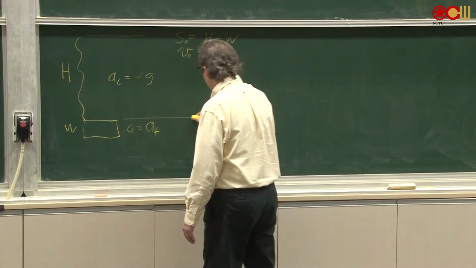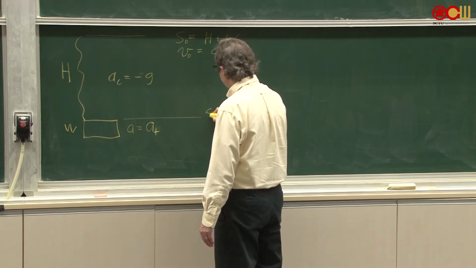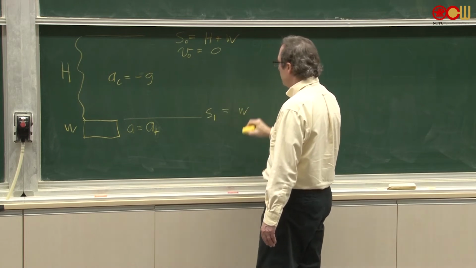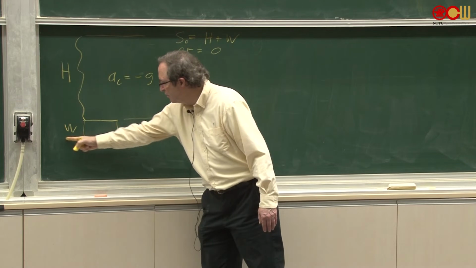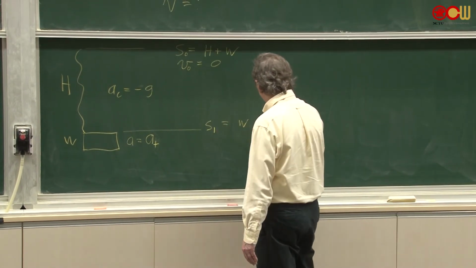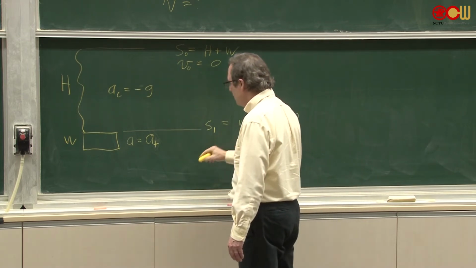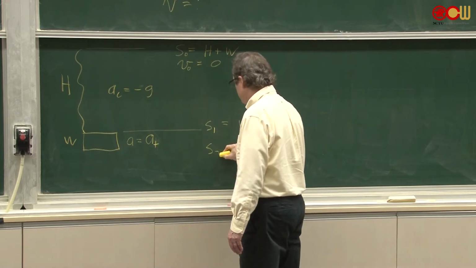What about this point? Well, we'll give this a name. We'll say this is S1, and S1 is equal to W, right? Because we'll call the ground 0. V1, we have no idea. Right? Then finally, we have S2, which is over here.